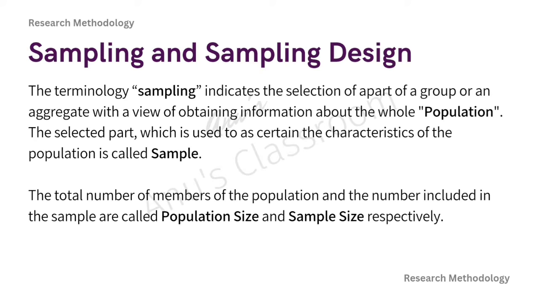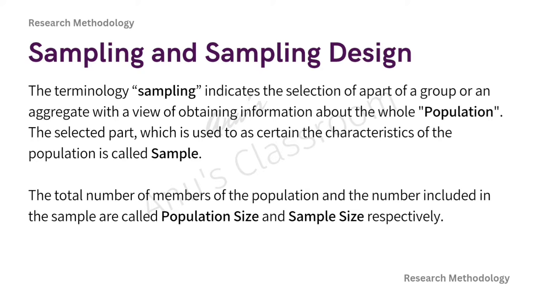So the first topic is sampling and sampling designs. What is sampling? For any particular research topic, whatever we are taking, there will be a population, right? If you look at it from the marketing perspective, the market, in that also we have the targeted market and so on. Similarly, from any point of view you look at it, there is a particular population.